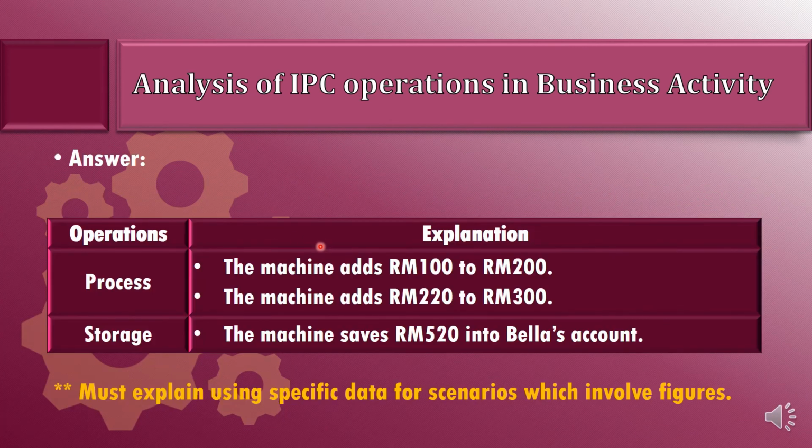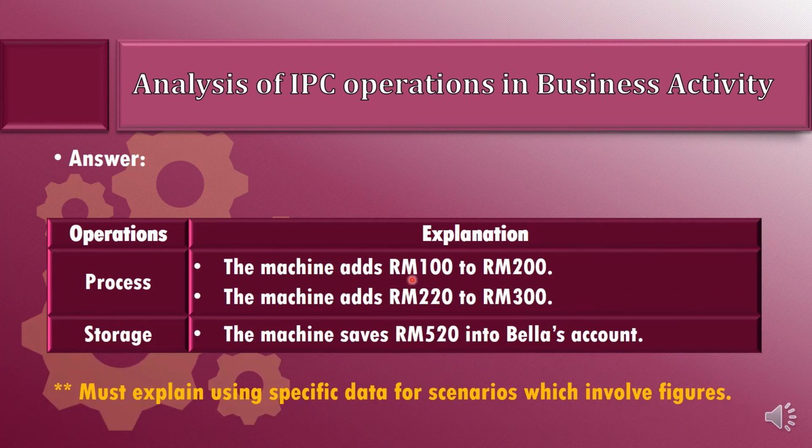Here is the answer for Bella's situation. The first operation is process. You need to give two answers here: when the first customer paid and when the second customer paid. The third customer just used cash, so no need to explain anything here, as it doesn't involve IPC.